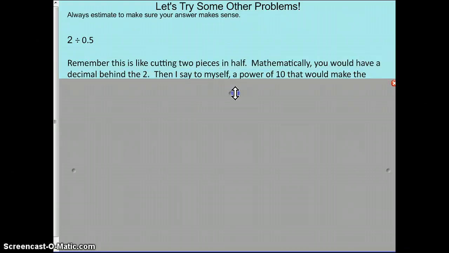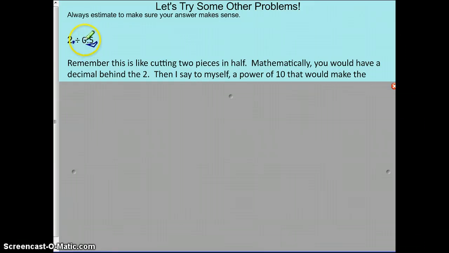Okay, and then I'm going to think to myself, remembering that this is like cutting 2 pieces in half. Mathematically, you would have a decimal behind the 2. Okay, right here you have a decimal. Then you're going to have 1 right here in the divisor. So I have to multiply by 10 to get rid of it. So I multiply this by 10.